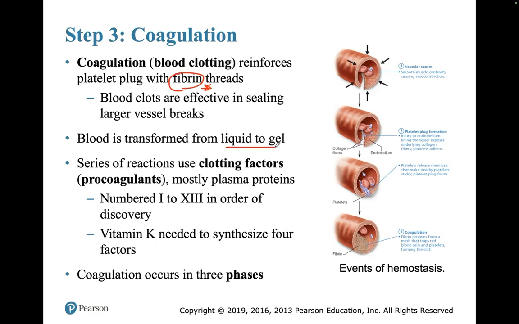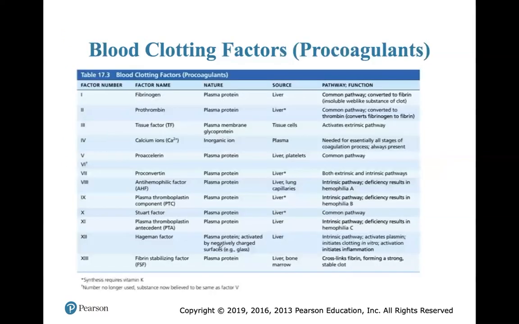There are several clotting factors that can affect this process, numbered from 1 to 13. There are 13 that we know so far. Vitamin K is also important in this context. Here is the list of blood clotting factors.